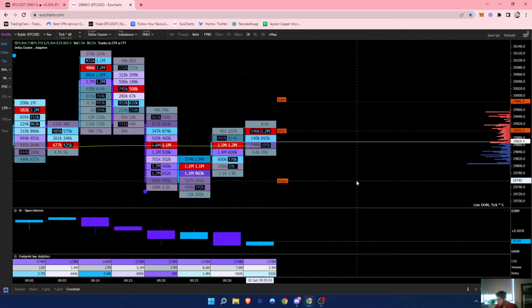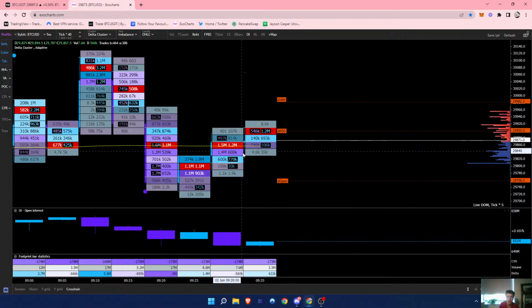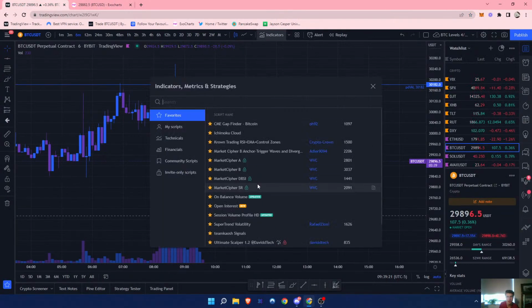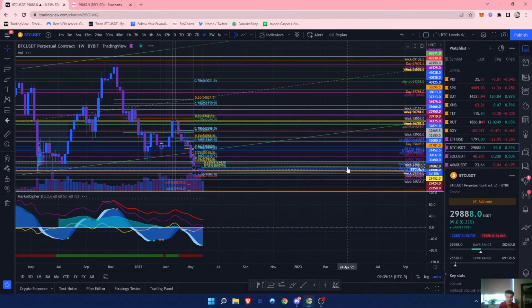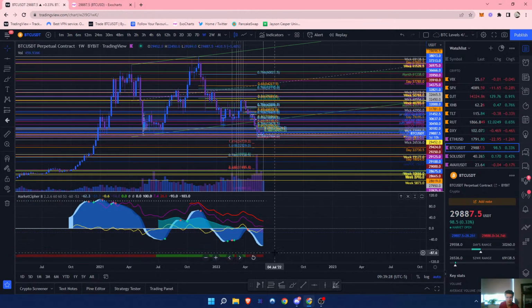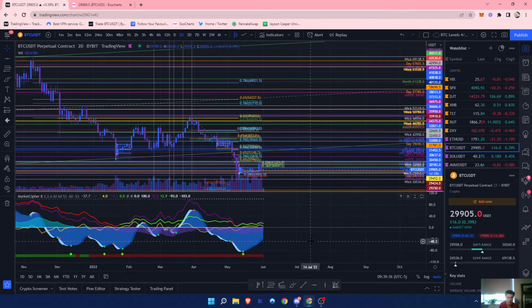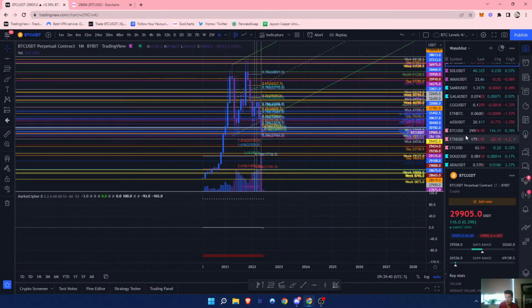But yeah, I don't really look at Market Cipher too much anymore. I'll just look at it on the large time frames. So right now we're getting a large anchor wave possibly on the weekly, so maybe a market bottom possibly. And then I'll look and see what the monthly is doing.